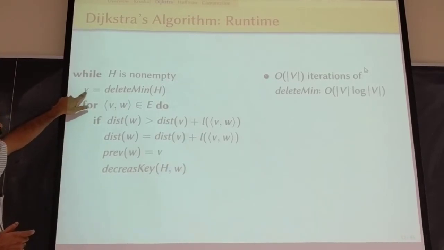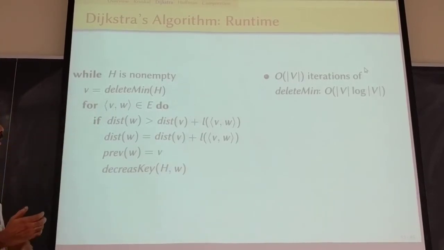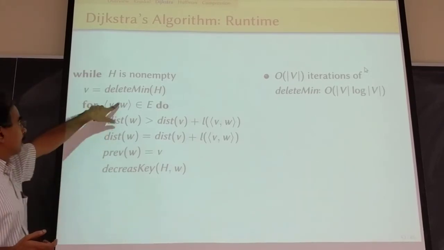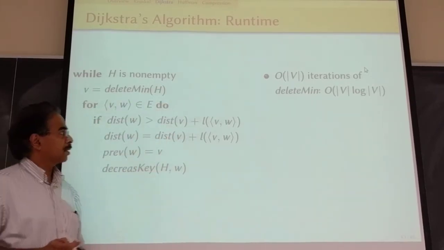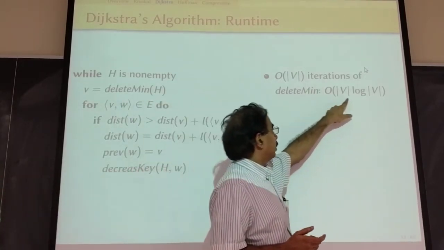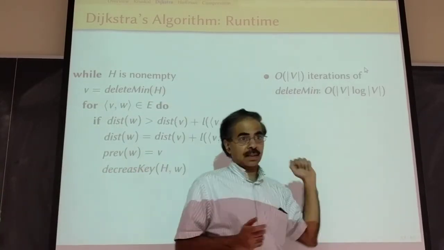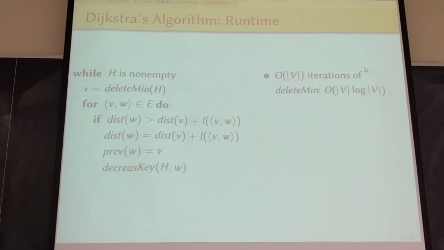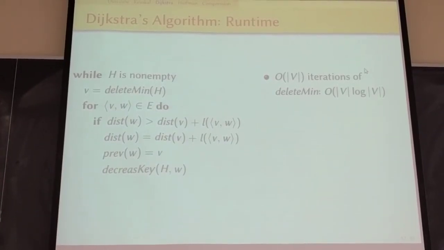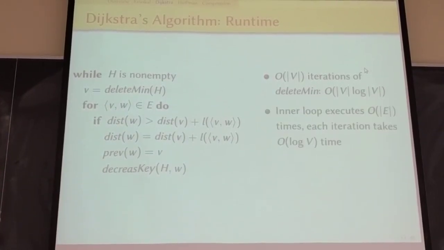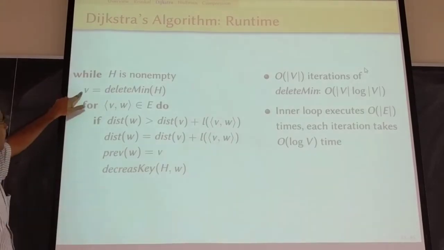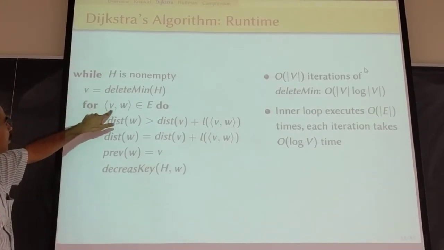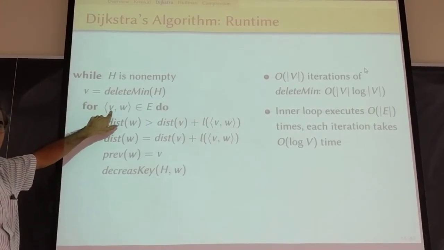So runtime. Delete min is going to be called V times, right? And because the heap contains the vertices, all the delete min operations together are going to cost V log V time, right? The inner loop, right? So we go through V and we go through the edges that are incident on V, right?